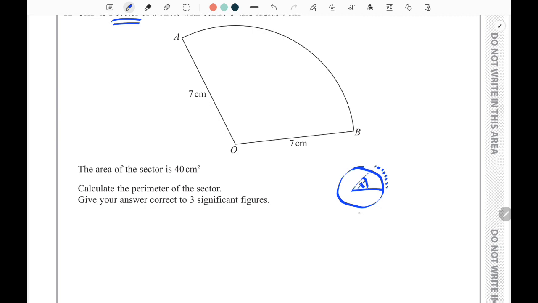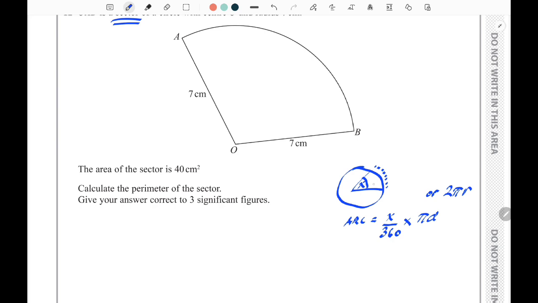So the arc length will be x over 360 times the circumference, which you can call pi d or 2 pi r, whichever you prefer.